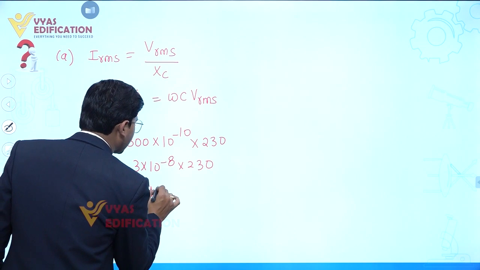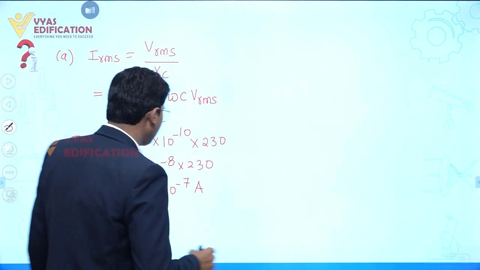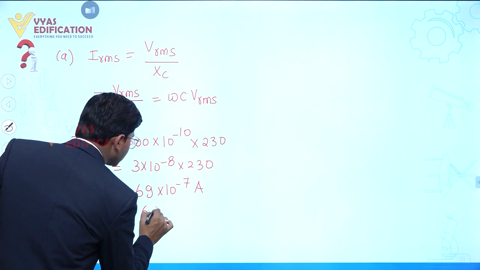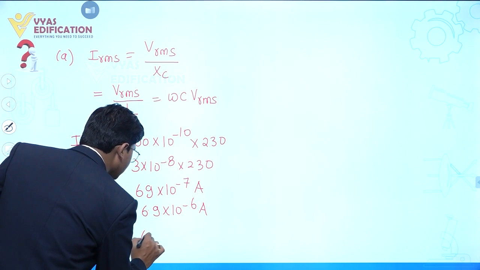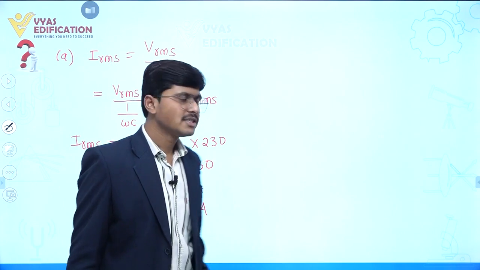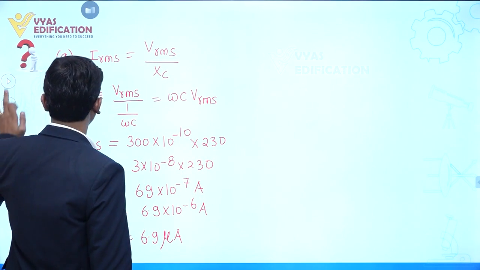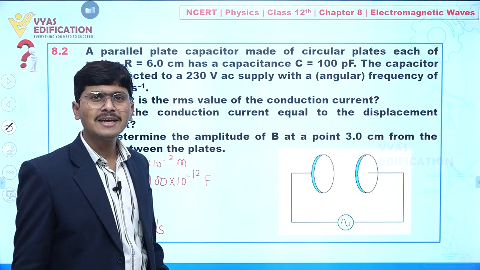This is equal to 69 into 10 to the power minus 7 ampere, or 6.9 into 10 to the power minus 6 ampere, which is 6.9 micro ampere. This is the value of IRMS. So this is all about part A.